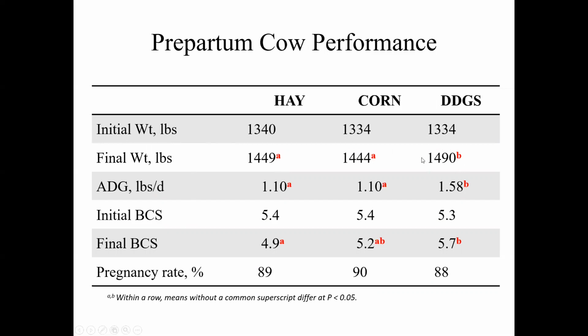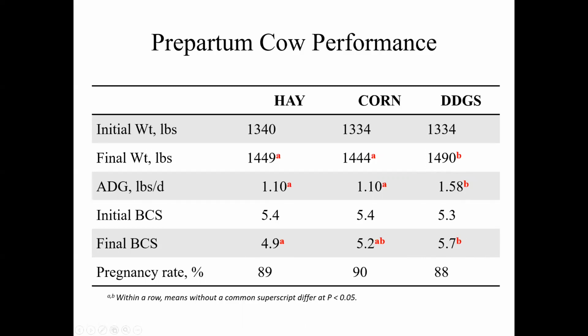The cows that were fed the distillers grains, because it was high fat, had greater weight gain during mid and late gestation, as shown by a higher average daily gain. Final body condition score of the cows fed hay and corn were statistically the same, 4.9 for the hay and 5.2 for the corn, versus 5.7 for the distillers grains.